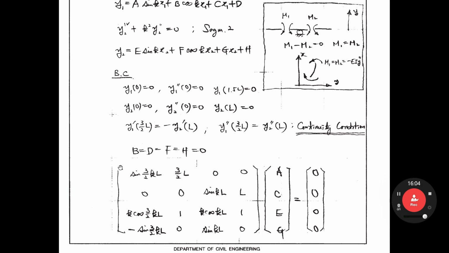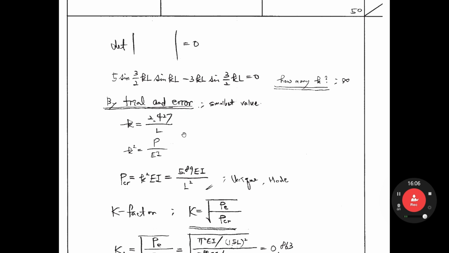If you take the determinant from here, you can get this equation: 5 sin(3/2 KL) sin(KL) minus 3 KL sin(3/2 KL) equals 0. From this equation, you can get the K value.